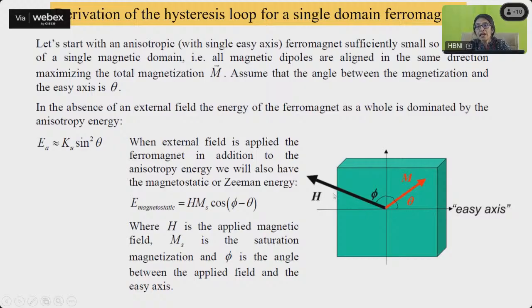Whereas when you apply this external field H, the total angle with the easy axis is phi. So the angle between these two is phi minus theta, and this is what is given over here. This magnetostatic energy is given as H Ms cos(phi minus theta). So H is the applied magnetic field, Ms is the saturation magnetization, which you see over here, and phi is the angle between the applied field and the easy axis.